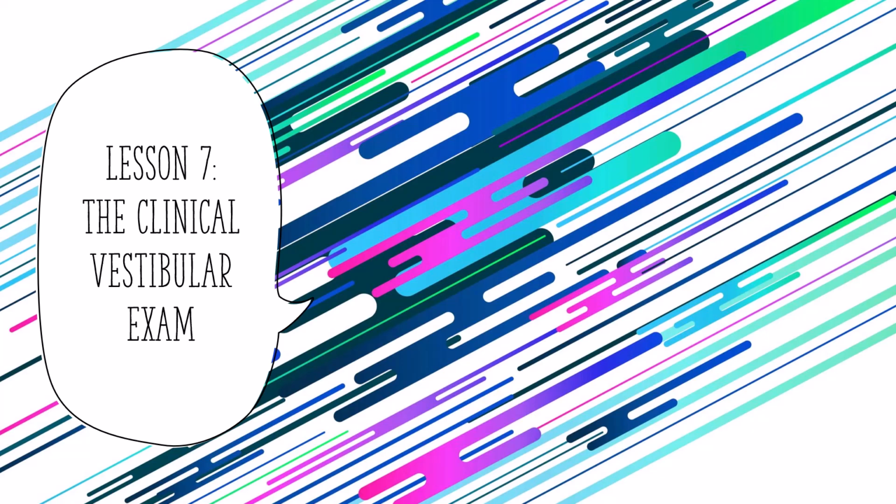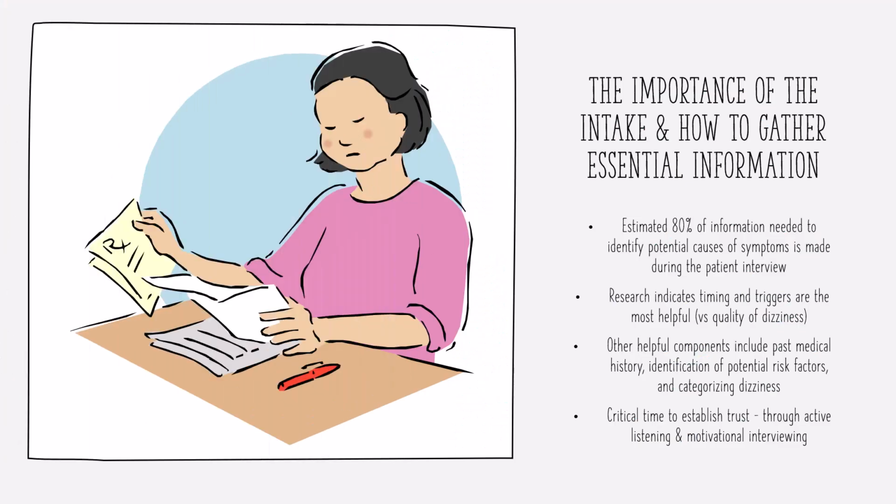It's a bit of a challenge to give you any kind of deep insight into lesson 7 because we cover so much content. What we start by focusing on is the importance of the intake and how to gather essential information. It's estimated that 80% of the information needed to identify potential causes of someone's symptoms is made during that patient interview.